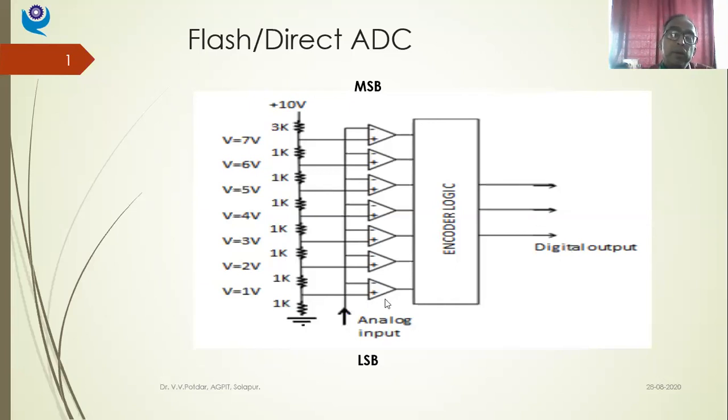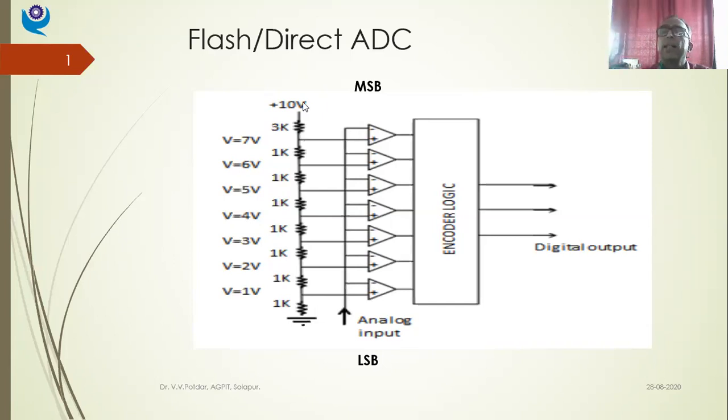Out of the two input terminals of the op-amp, the inverting terminal is connected to the analog input, and all the non-inverting terminals are connected to a reference voltage. In this case, we have provided plus 10 volt.